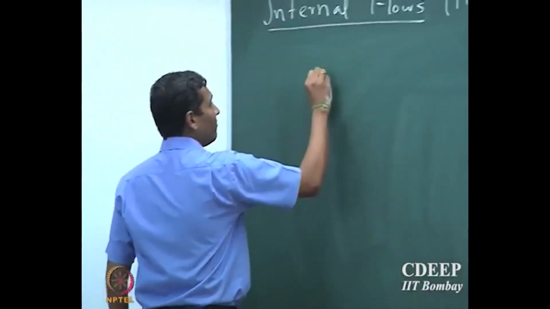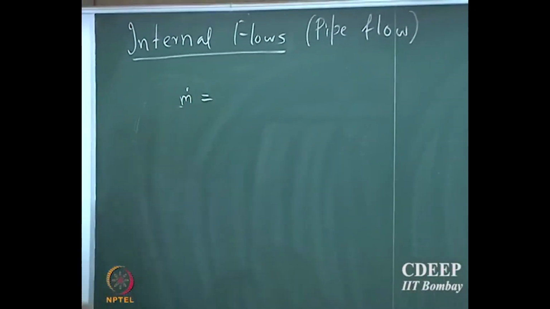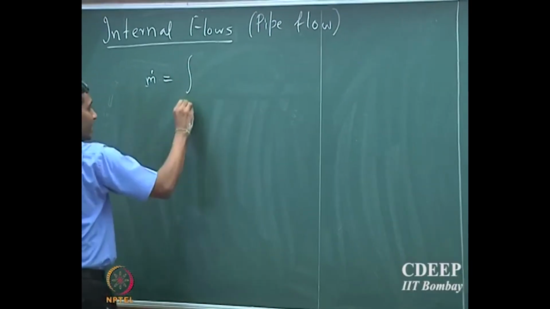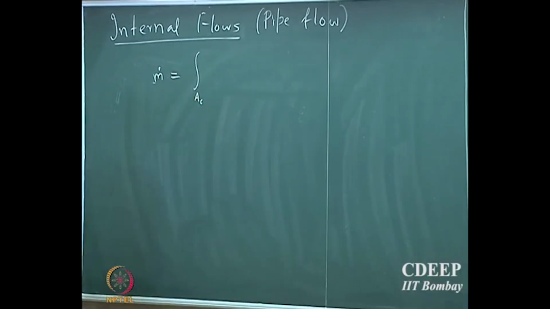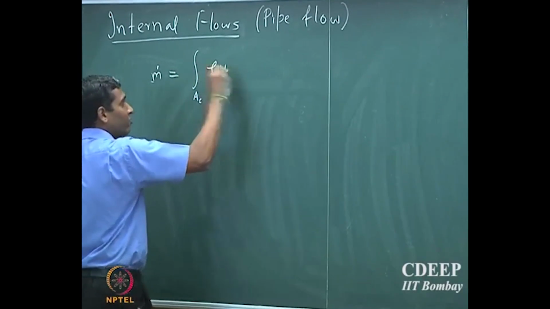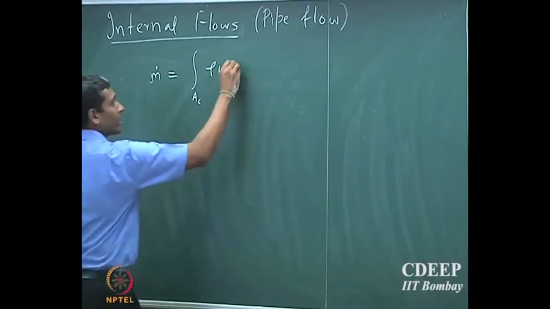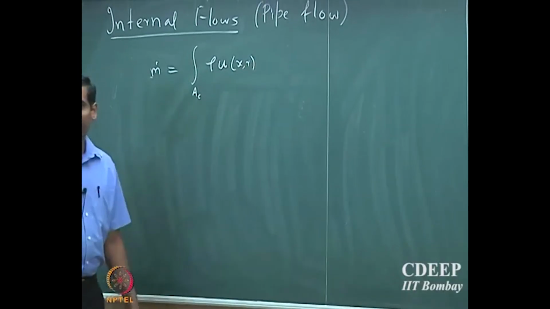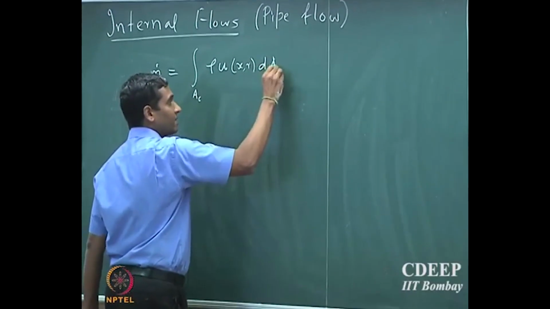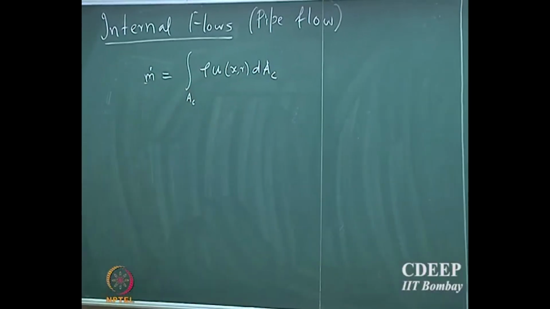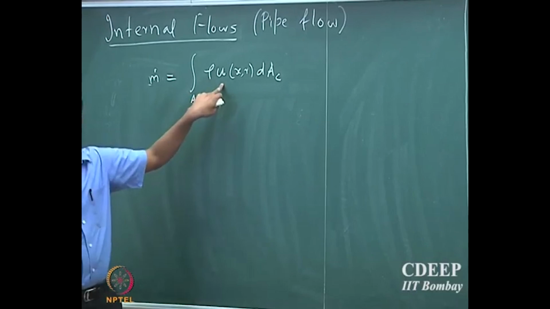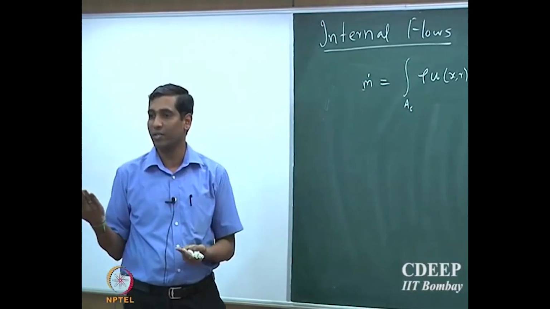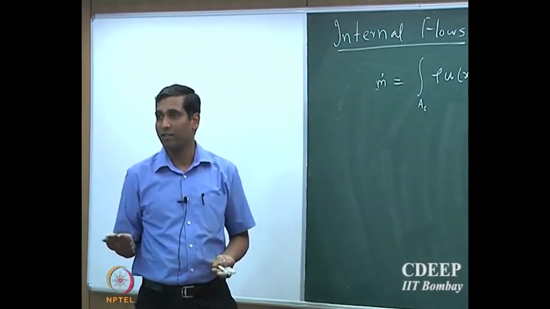So we can define m dot, the mass flow rate at any cross section, as the density times the local velocity times dA_s, the differential cross sectional area, integrated over the whole cross section. That will tell you the mass flow rate at any location in x.